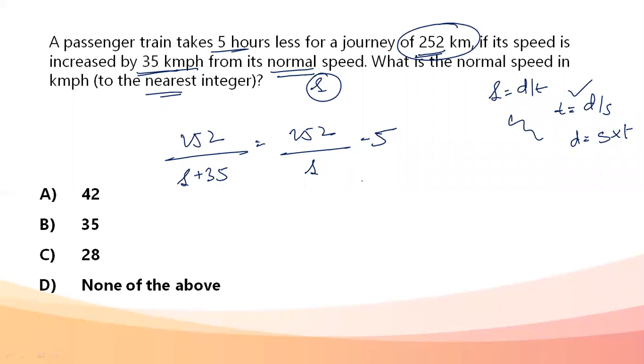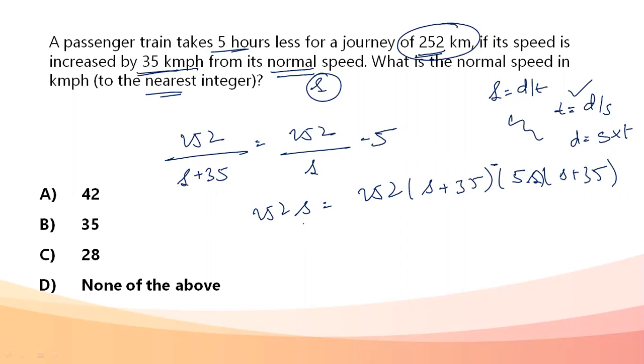Now when this equation is solved, because this becomes a simple equation with one variable, cross multiplying we get 252s equals 252 into s plus 35, minus 5s into s plus 35.